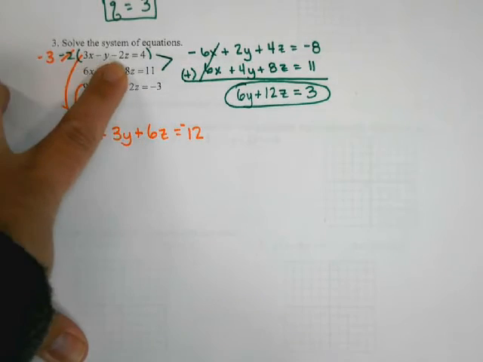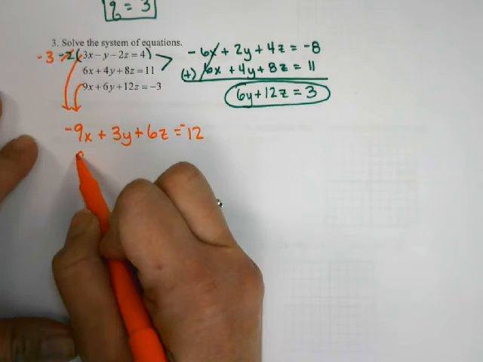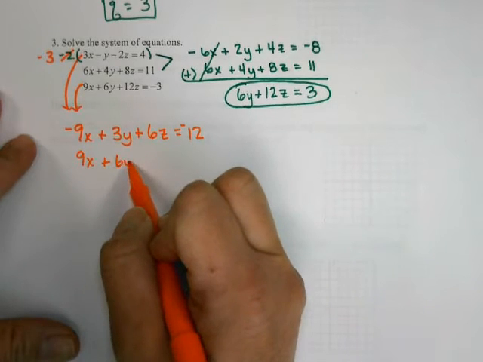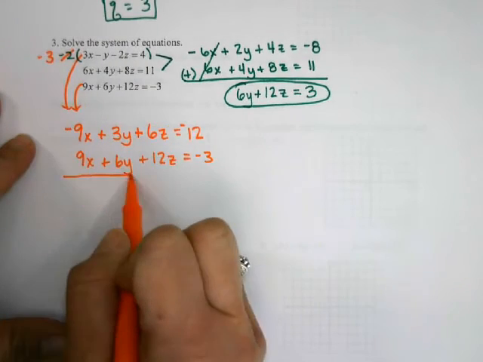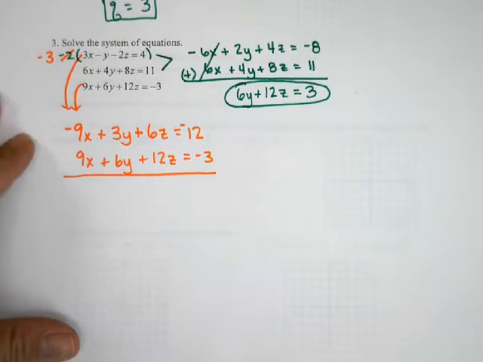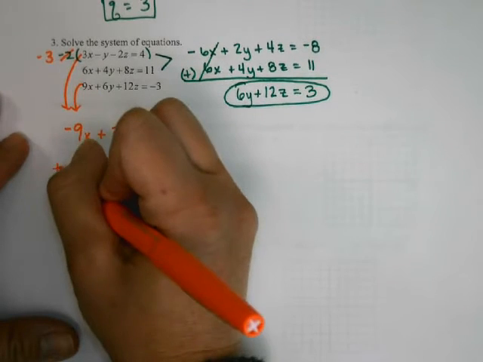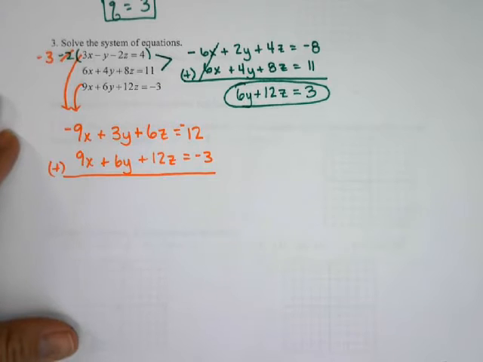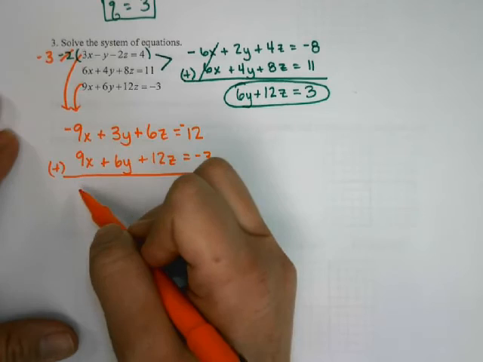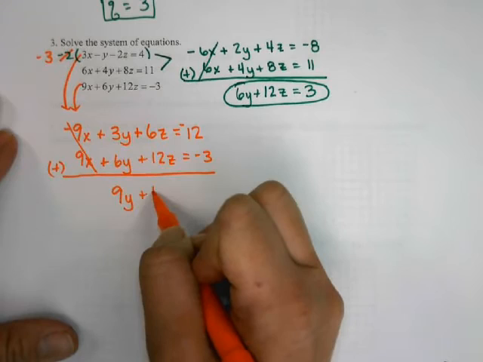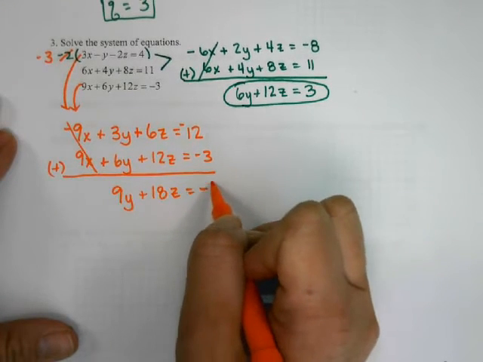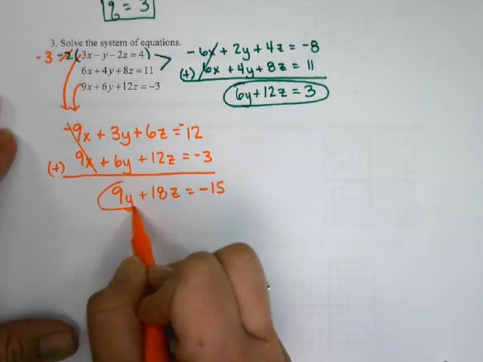Negative, positive, positive, negative. Yep. So the x's cancel. I get 9y plus 18z equals a negative 15. Circle it.